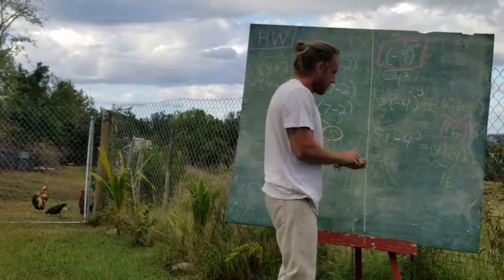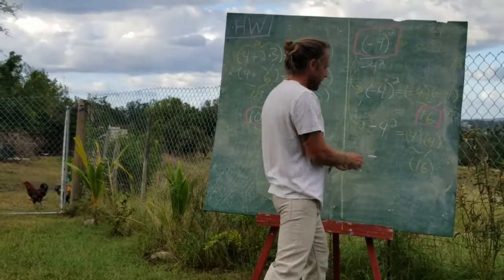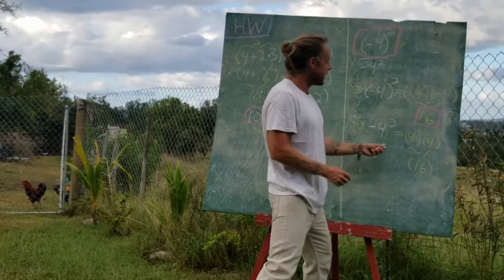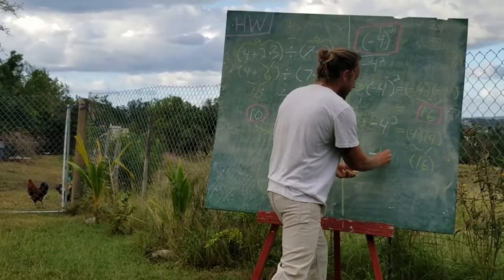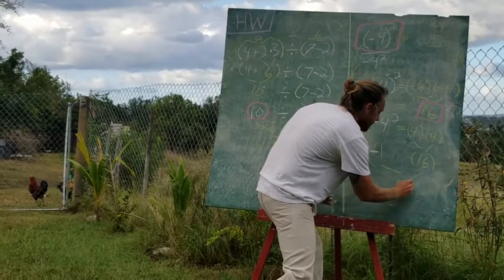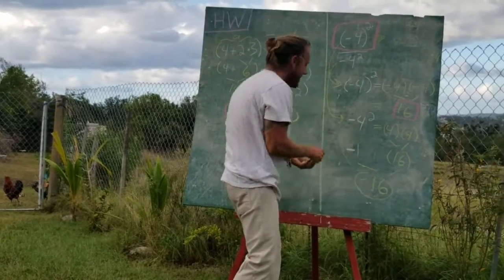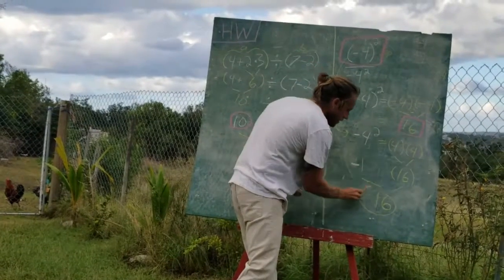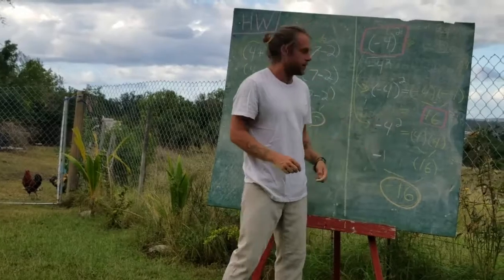Now, we bring down the negative, and we have a -16, because remember this is like a -1 multiplied together, so we come up with a -16. We get a different answer, don't we?